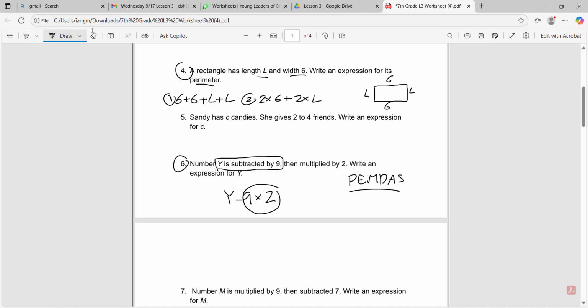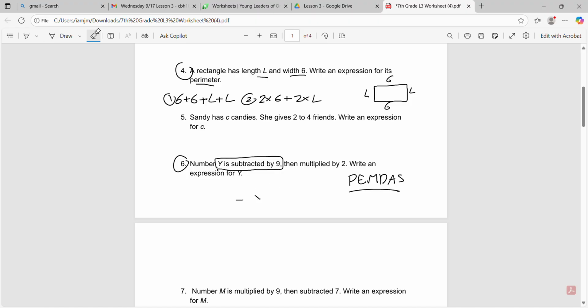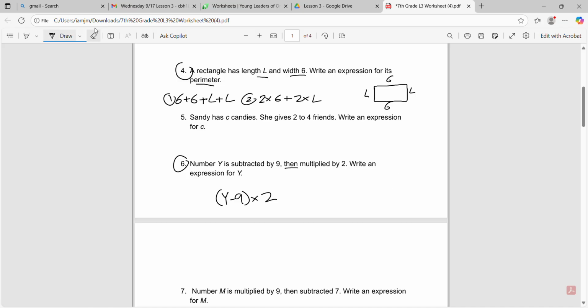It makes you multiply first, which is not what the question is asking for. So to avoid this problem, we'll have to use parentheses, then multiply by 2. This way it separates these two operations and allows you to subtract first and then multiply. So that will be our answer for number 6.